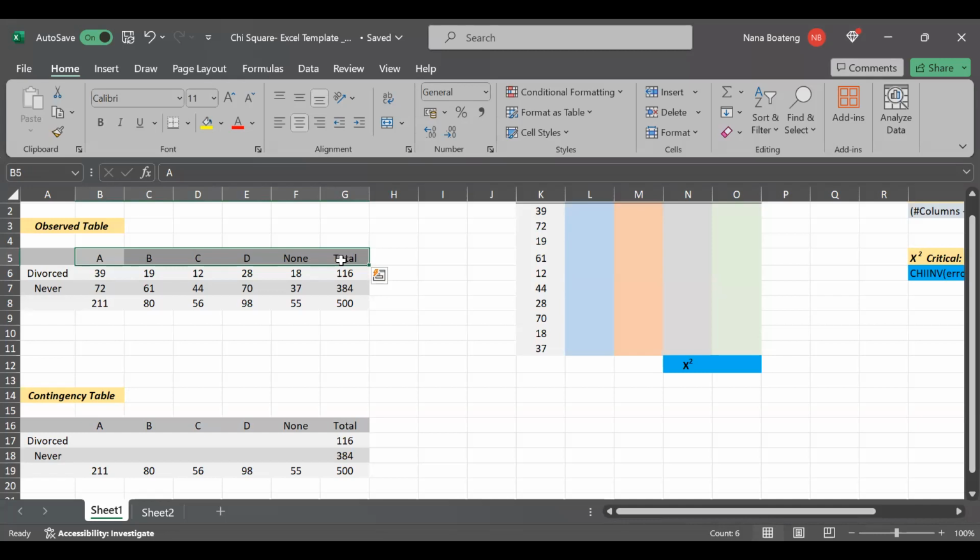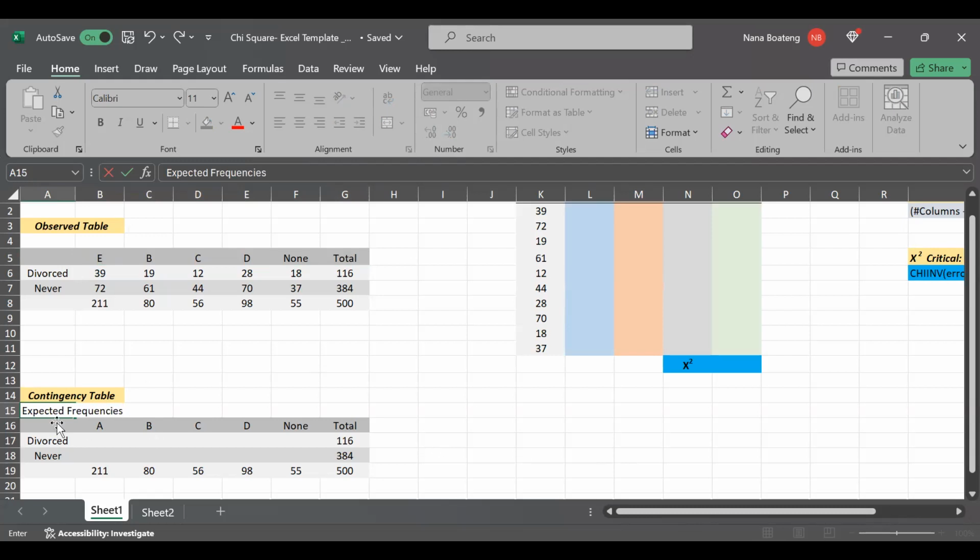We'll prepare a contingency table that will give us the expected frequencies.